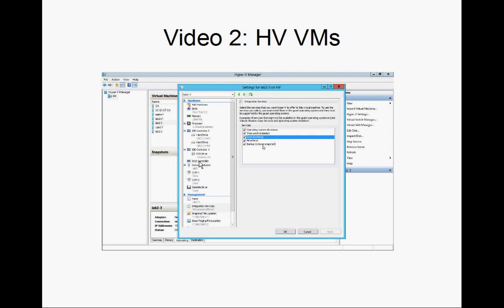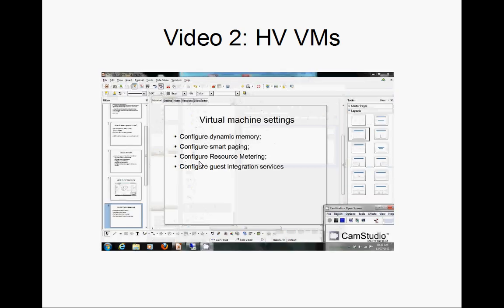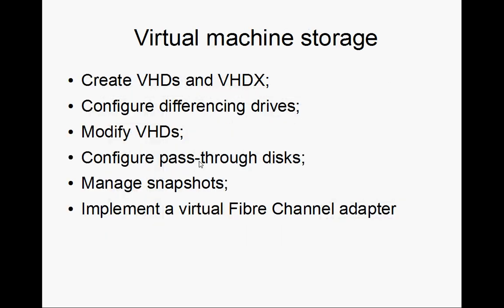So finally, we have virtual machine storage, which are VHD files and VHDX files. VHDs can go up to 2040 gig, and VHDX can have up to 64 terabytes. Differencing drives are something that allows you to make a golden image and then create modified machines off of that.